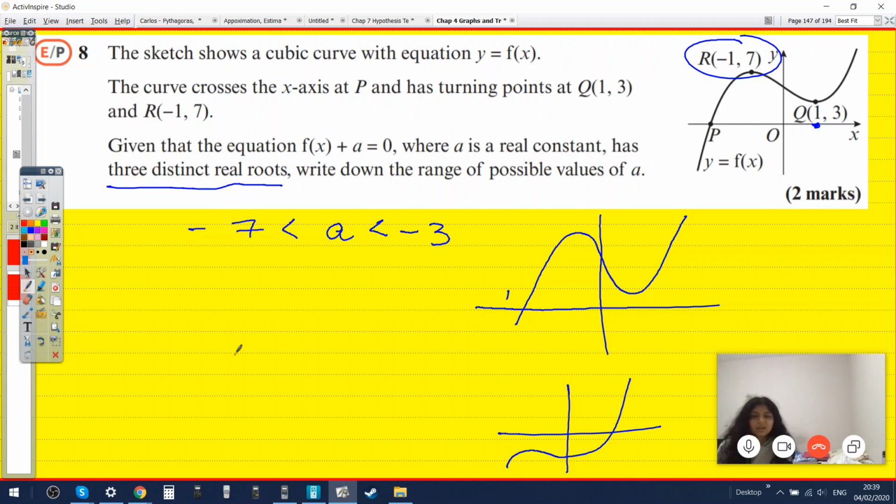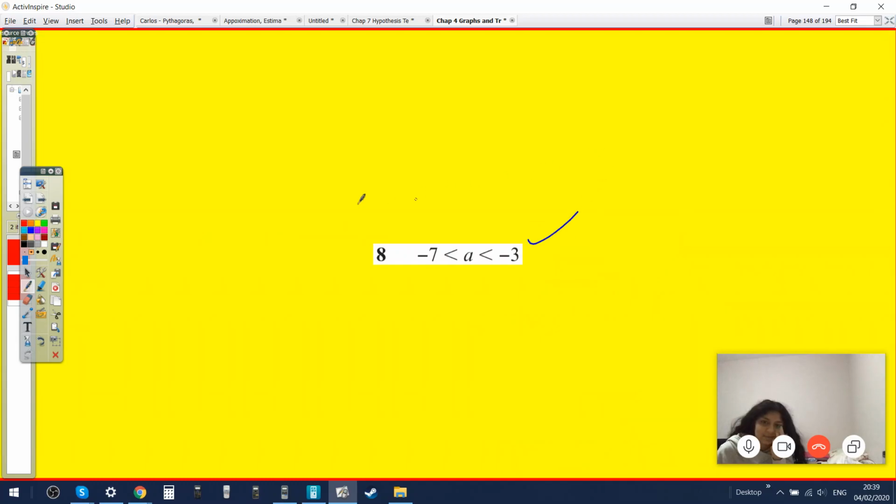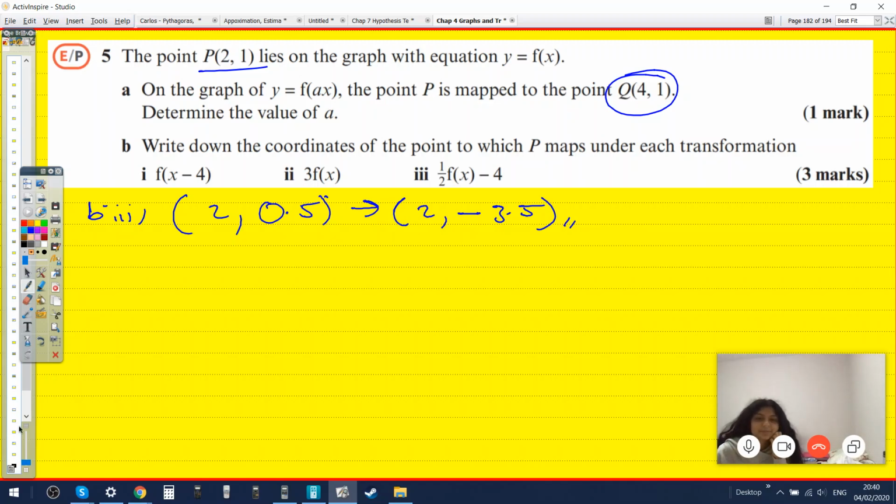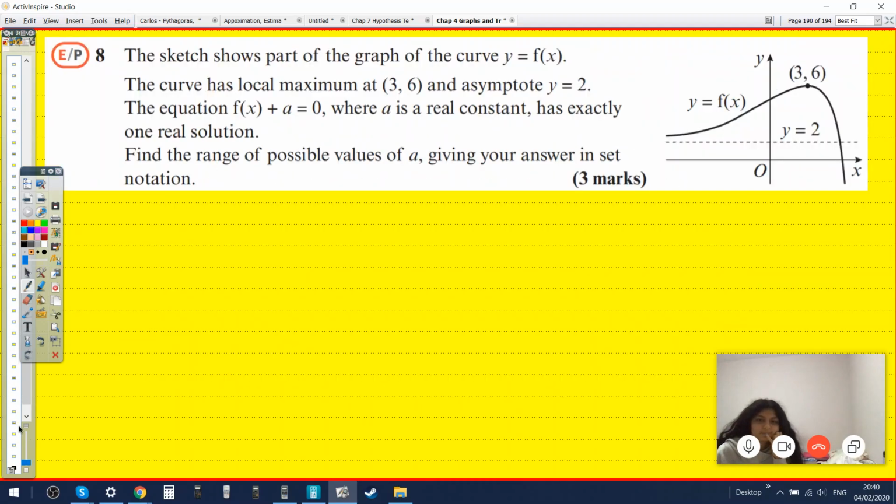Well done. If it was less than or equal to, that would be the same thing. You'd get two roots. Well done. Very, very tricky. That's why I skipped it. Those are the kind of marks you want to lose.